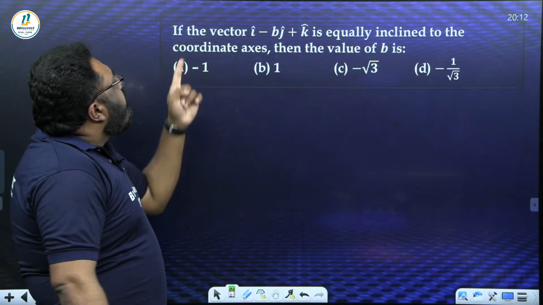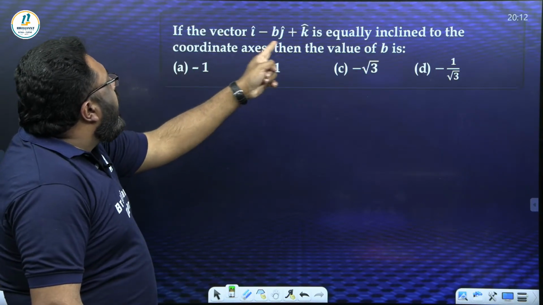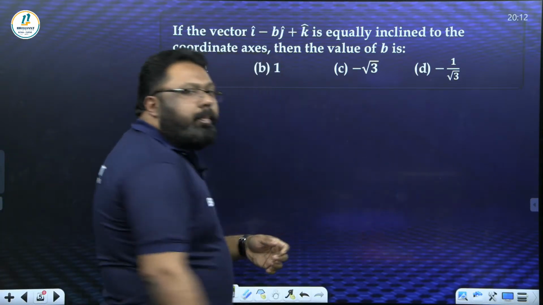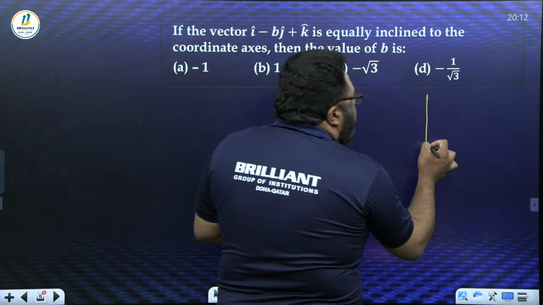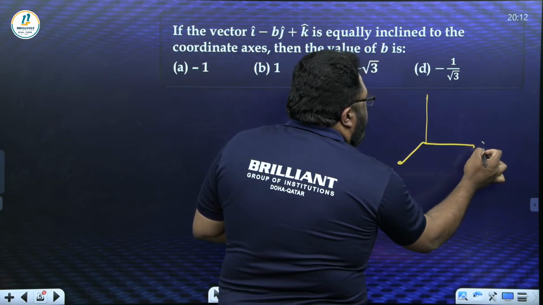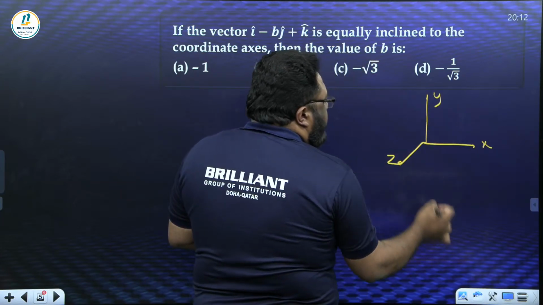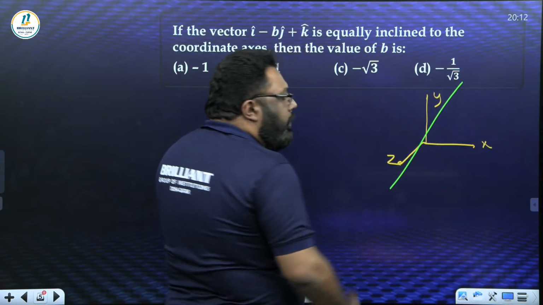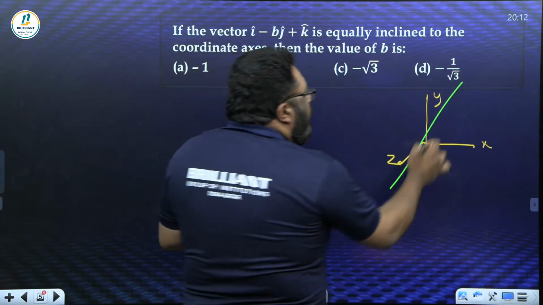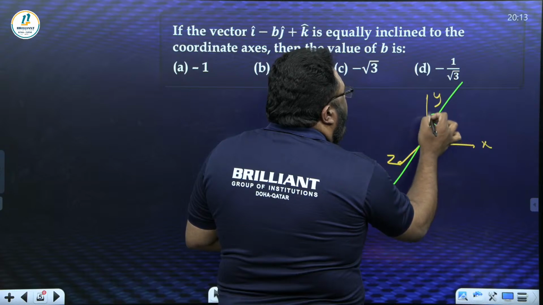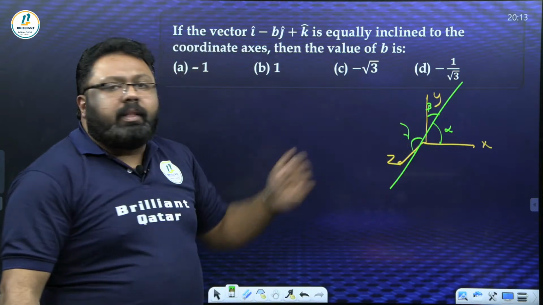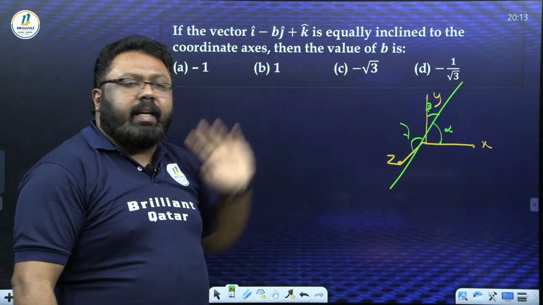Next question. If the vector is equally inclined, another very, very important concept. If I take a system with 3 axes, x-axis, y-axis, z-axis, and a vector goes through this system, it always makes an angle with each of the axes, say alpha, beta, and gamma. The angles made with the x-axis, y-axis, z-axis.